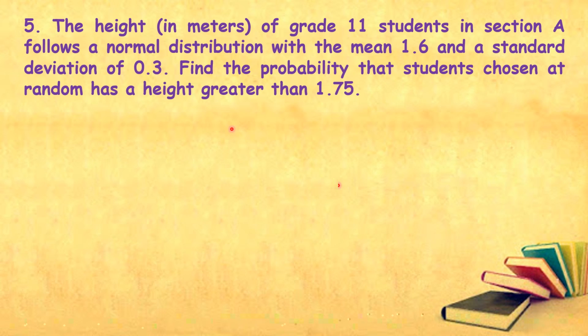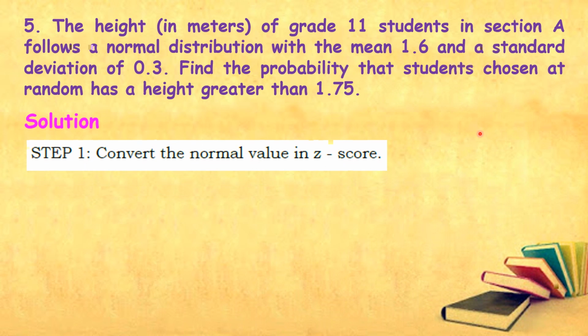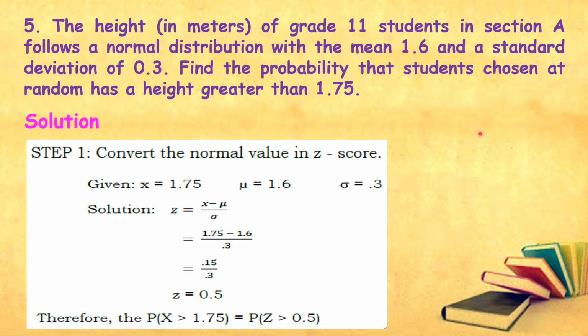So, greater than naman ngayon. Same procedure, convert na natin yung 1.75 to z-score. So, ang given natin, x is 1.75, ang mean natin is 1.6, and ang standard deviation natin is 0.3.